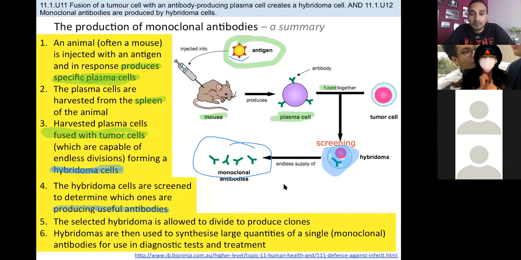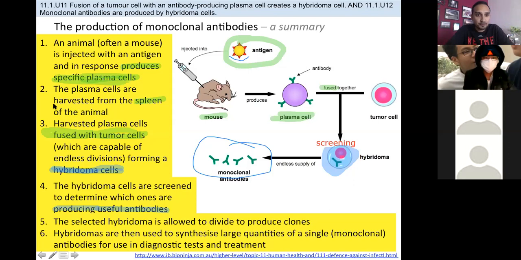How do they fuse the plasma cell with the tumor cell? But isn't it inside the mouse? But you take it out of the mouse.